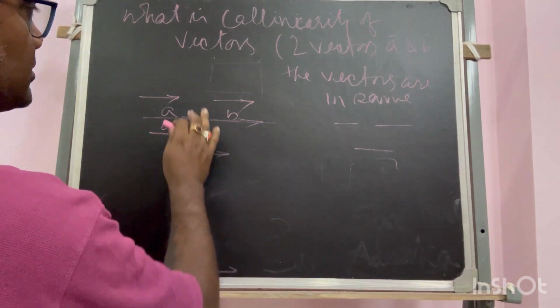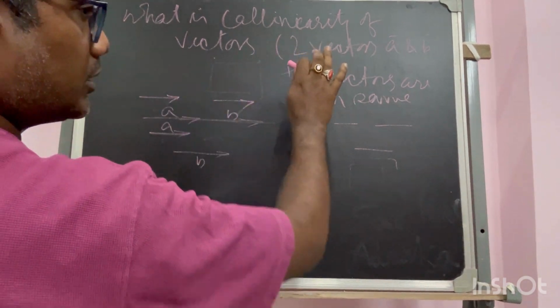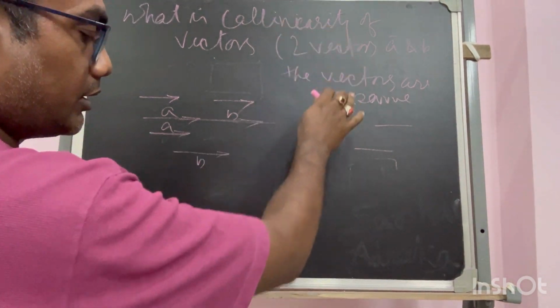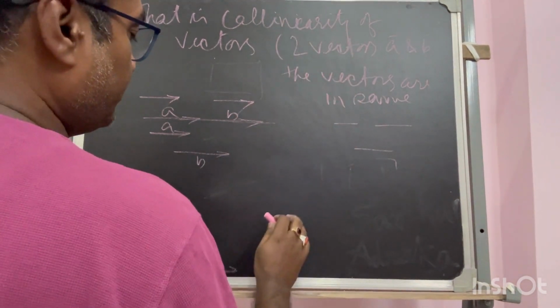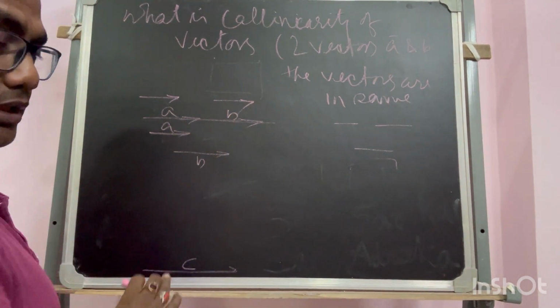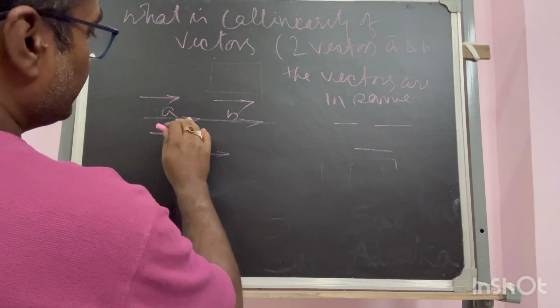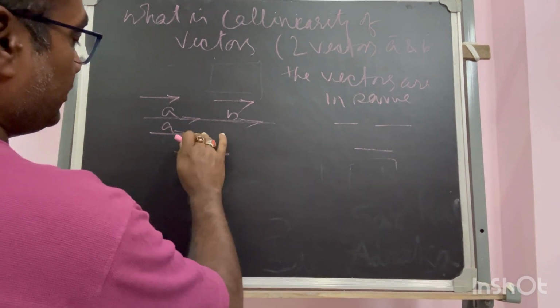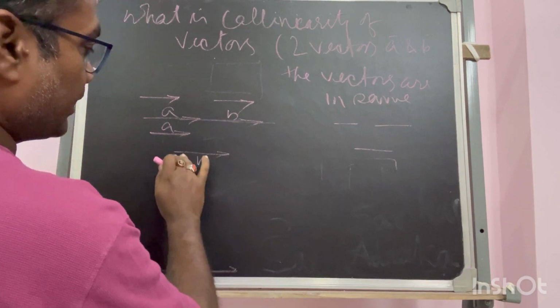So the condition says if two vectors are to be collinear in a plane, then the plane in which A and B are lying must be parallel to any other vector. In that case, the vectors we are talking about may be on the same line or parallel to each other.